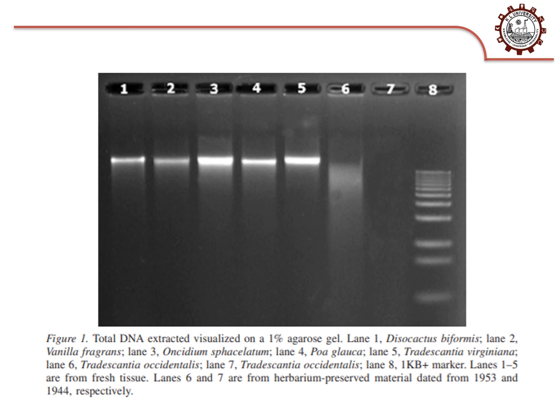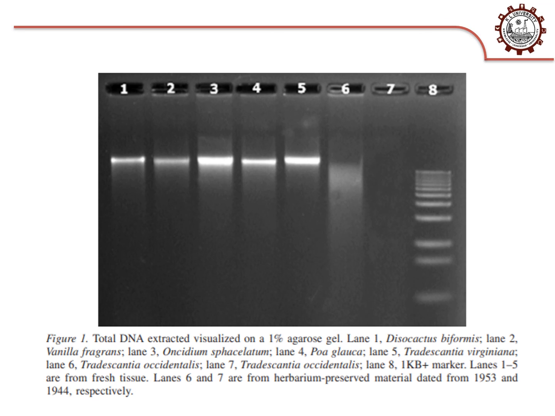And the sixth one is Tradescantia occidentalis, a herbarium preserved material dated 1953. This also belongs to the Commelinaceae family, mostly known as western spiderwort. The seventh one is Tradescantia occidentalis, a herbarium preserved material dated 1944, also known as western spiderwort.